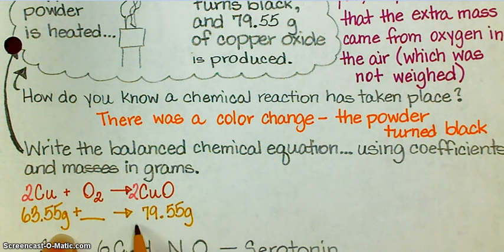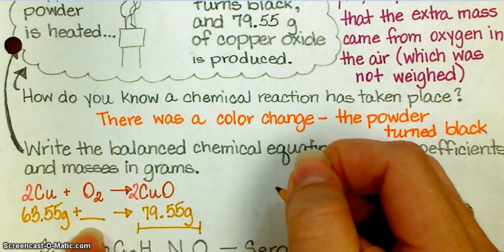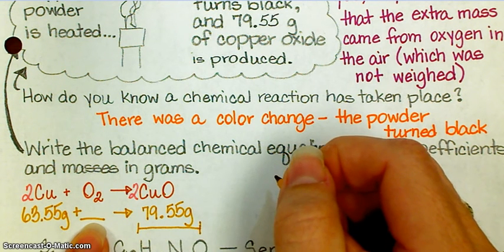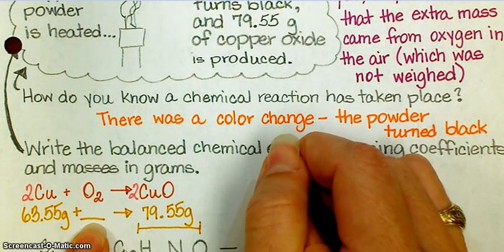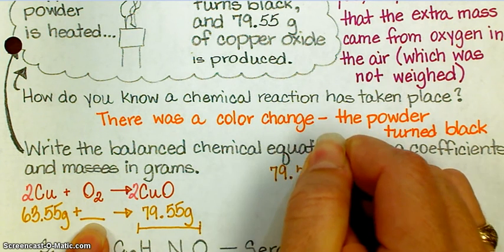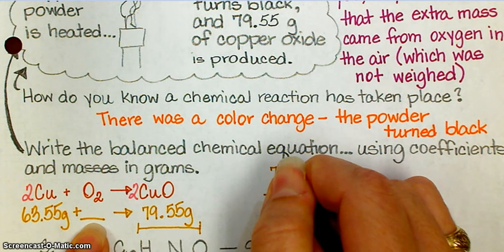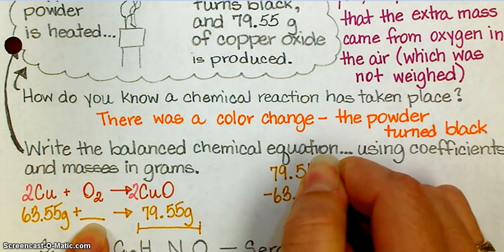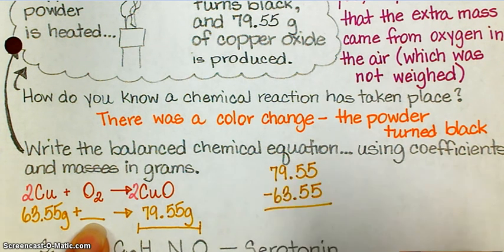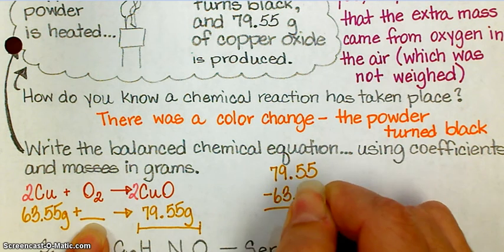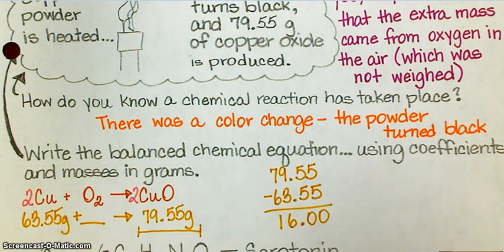So working backwards, if I have 79.55 grams at the end, that means I had to start out with 79.55 grams total at the beginning. So that enables me to figure out how much oxygen gas was used. If I know that the total on both sides has to be 79.55, and I know the mass of the copper, then I can figure out the mass of the oxygen gas that was pulled out of the atmosphere as part of this equation.